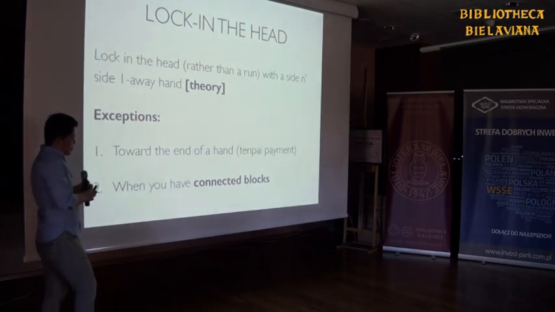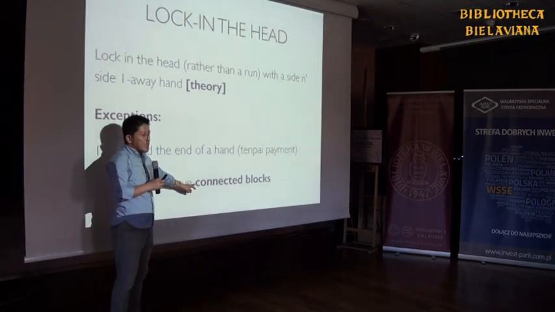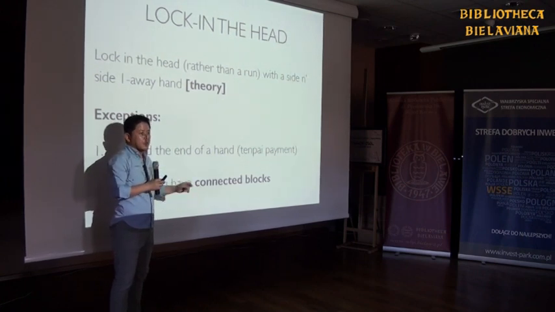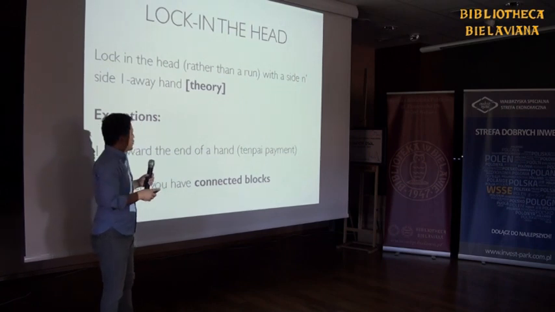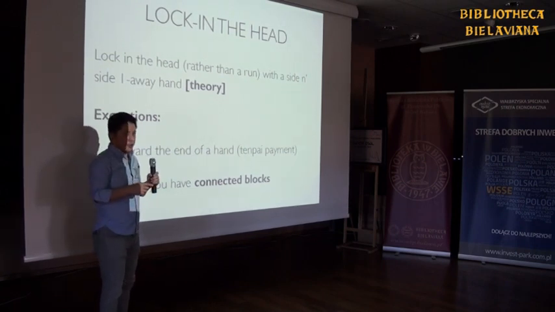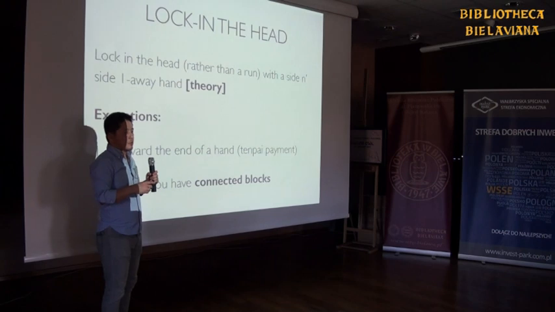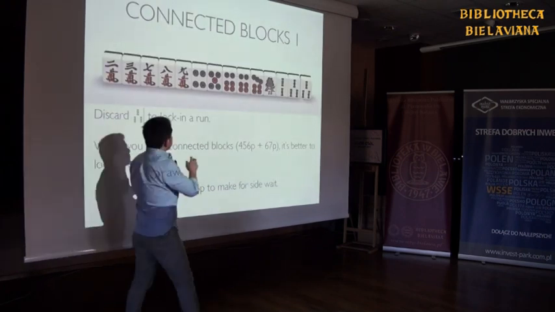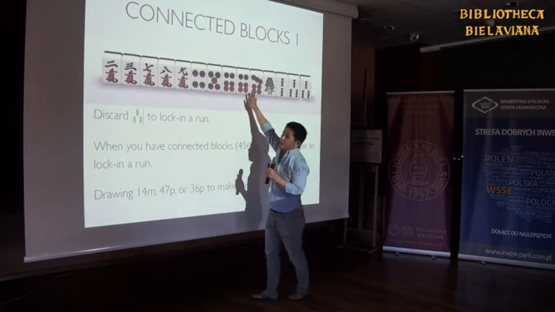So the exception has to do with connected blocks. When you have multiple tile blocks that are connected, then you should lock in a run first, rather than locking in the head first. Here we have connected blocks in pink, right?